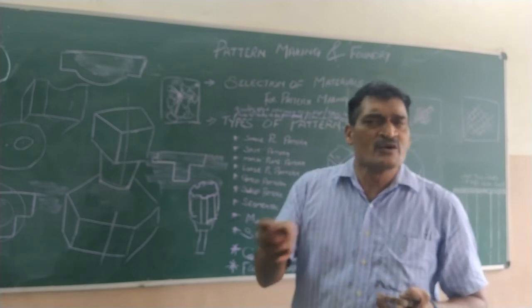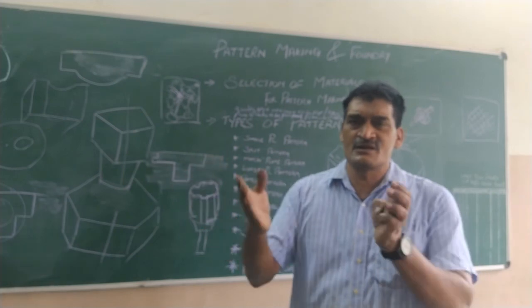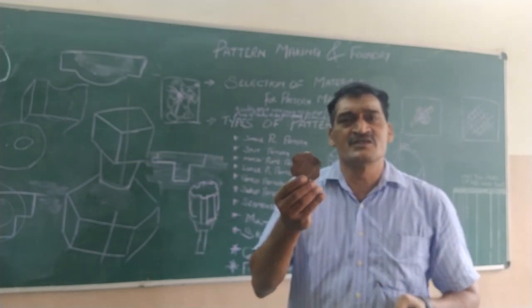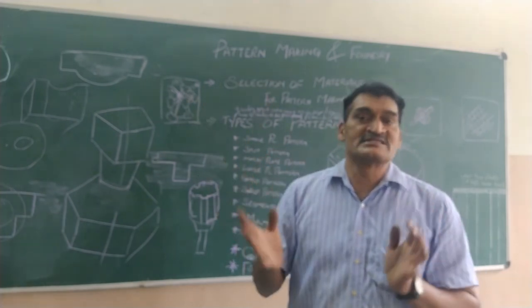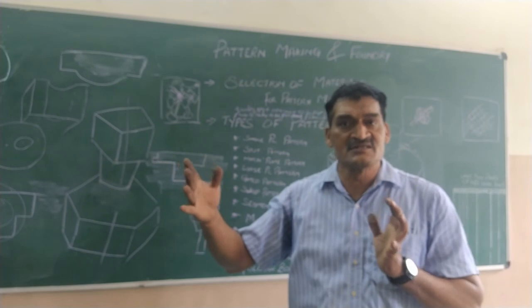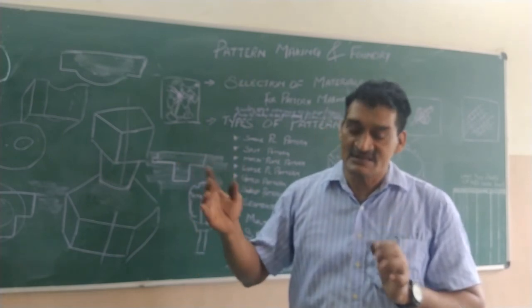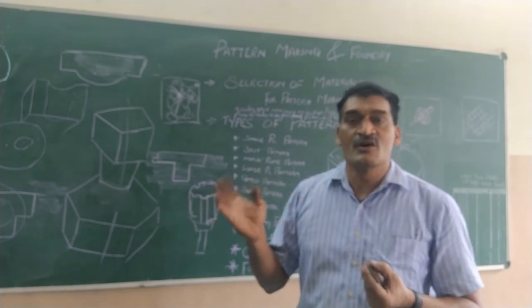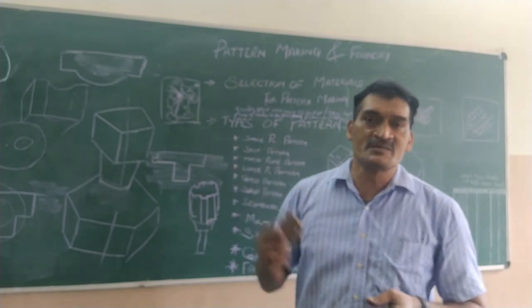Now, if I want to make around 100, the quantum is only 100, then I can make of wood. But if the quantum is more, let's say 500, 1000 or 1500 castings, then I will have to make it of metals or any good material that is durable.